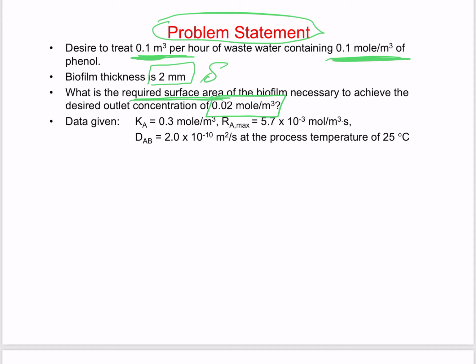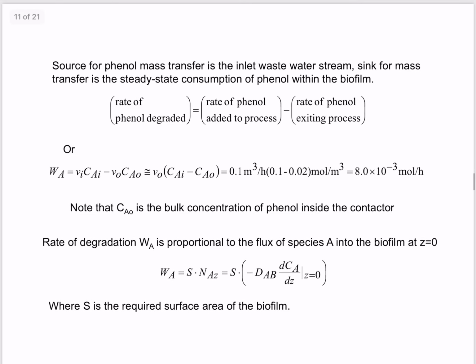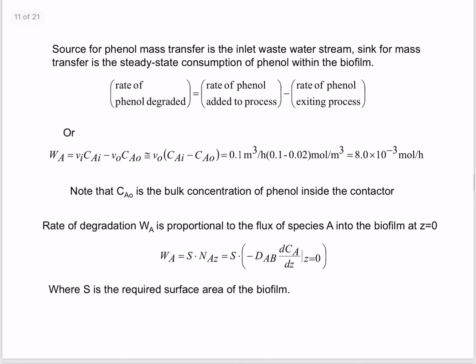All right, and she gives us some information here as well, which we're going to use. The question here is, what surface area do we need? So what we need to figure out is at what rate is the phenol degraded, and that's just input minus output.